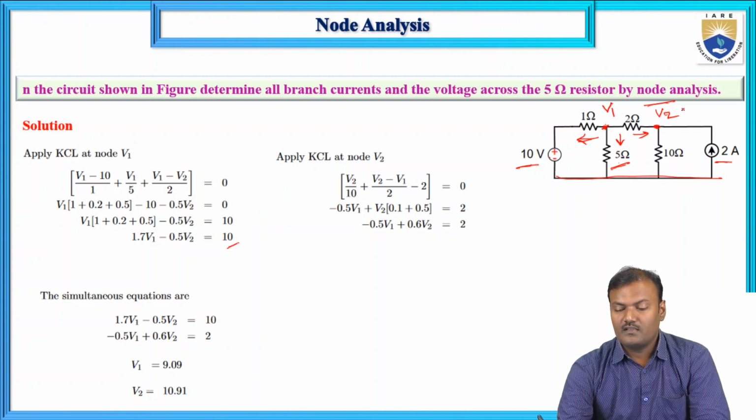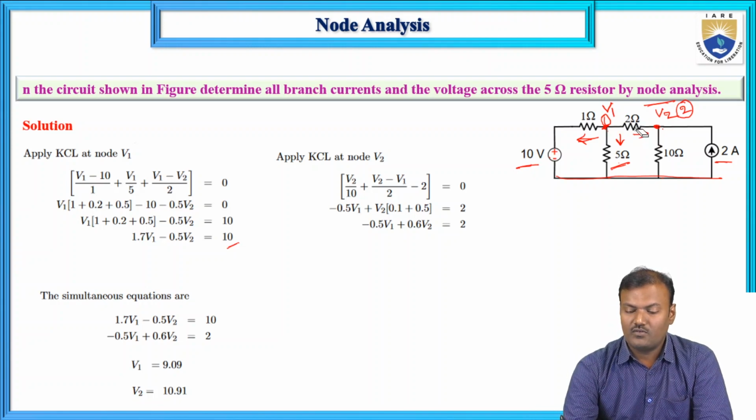Then applying the KCL equations at node 2, this is node 1 and this is node 2. So V2 minus 0 divided by 10, and V2 minus V1, the current flowing through here.